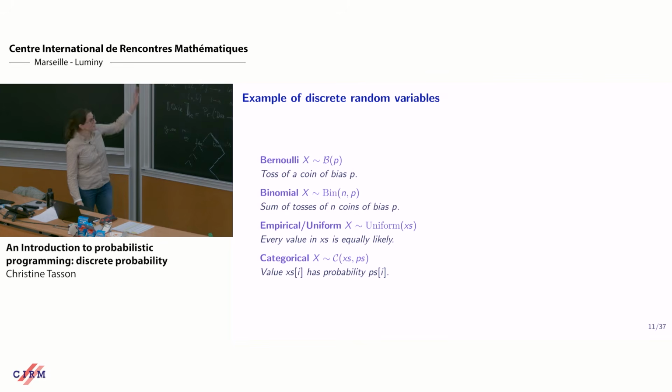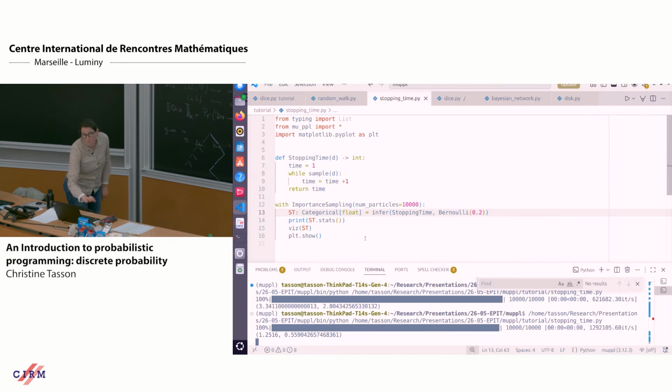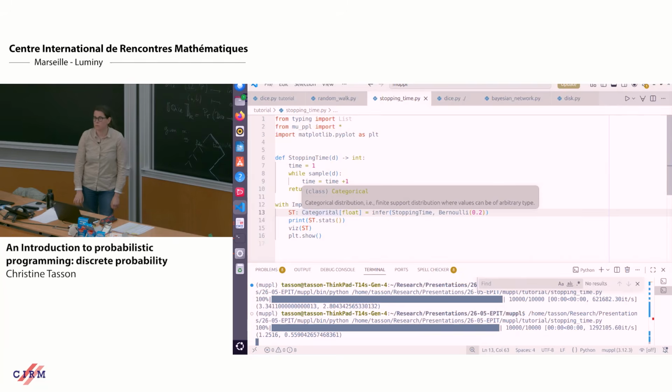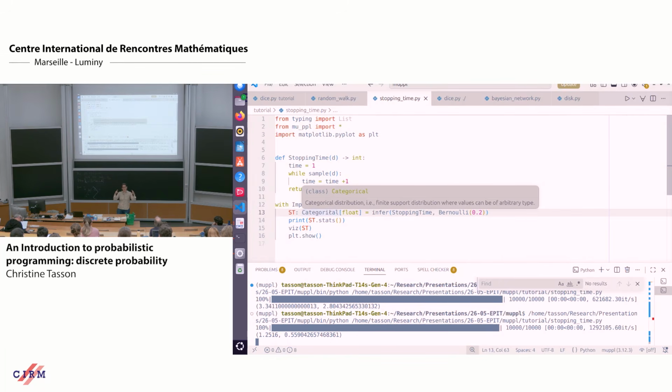That's the only probability distribution that we will consider. And if you were awake, you have remarked that when I perform importance sampling here, what I get is a categorical distribution. So it's an approximation of my probabilistic law by a list of samples together with the probability of getting these samples. So this inference algorithm is computing a categorical law which is approximating the law that I am interested in.